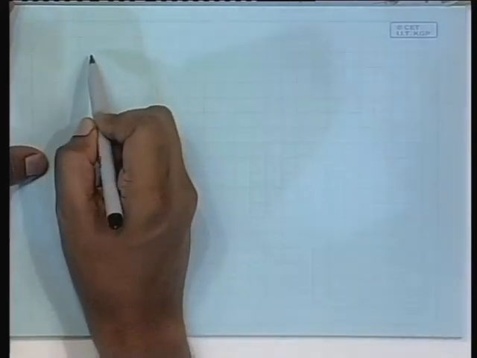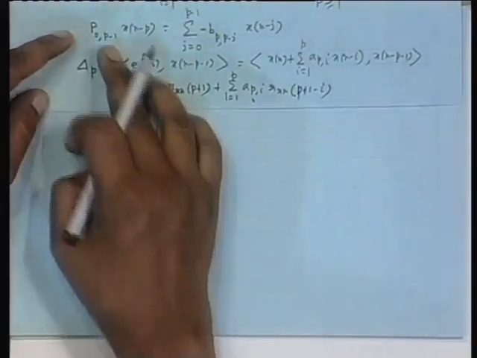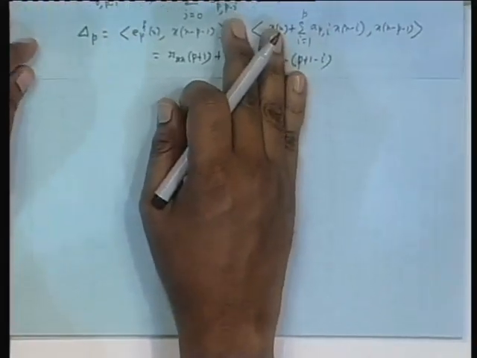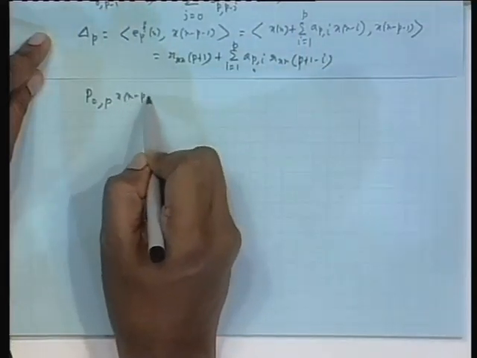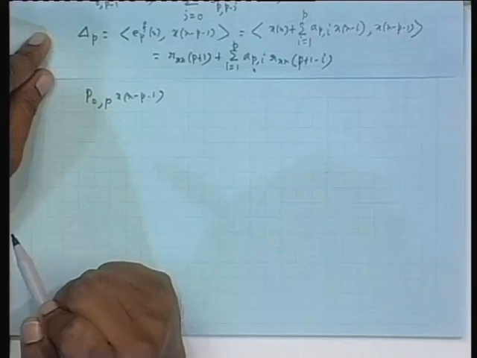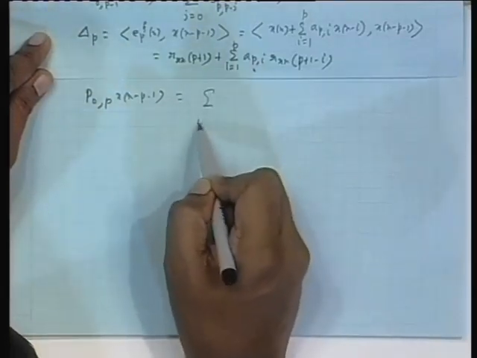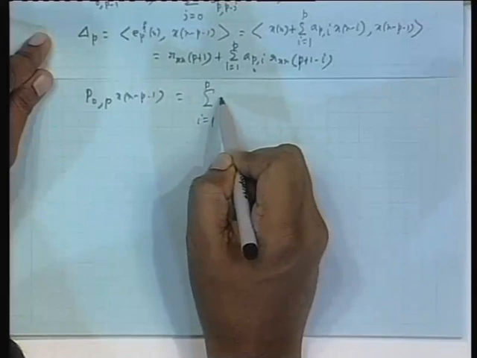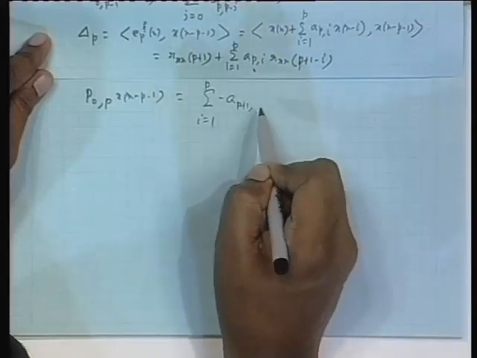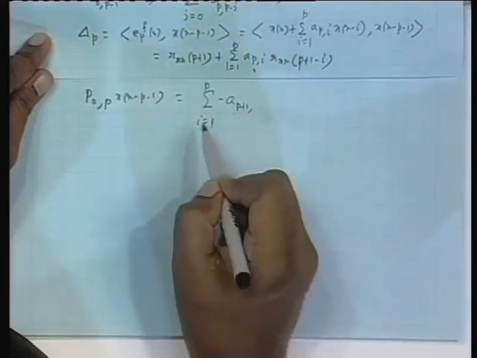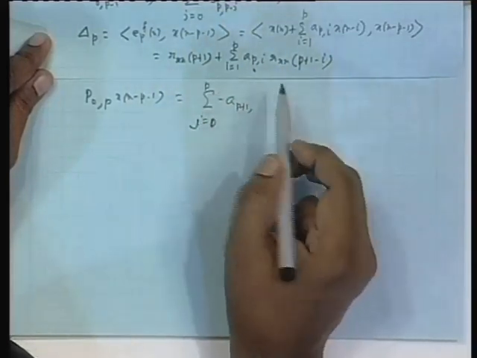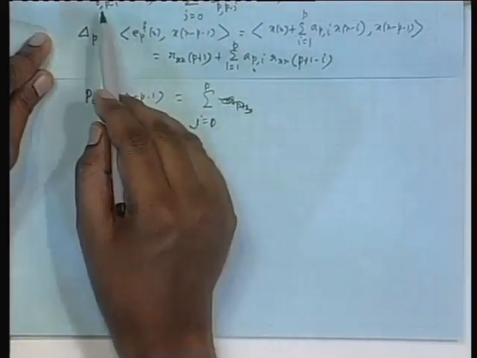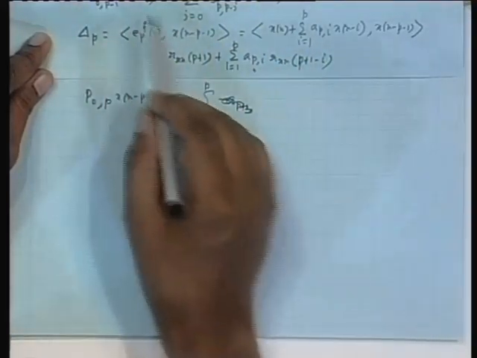That is, this is given to you. You have to find out p 0 p as this. This one p 0 p x n minus p minus 1.